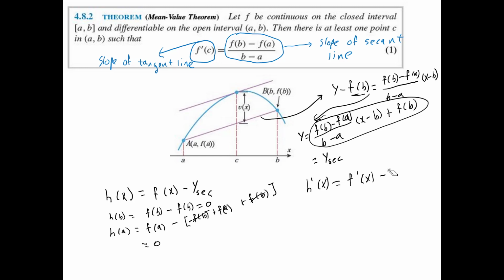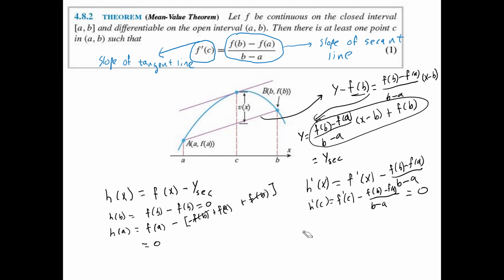And so we get f of b minus f of a, all divided by b minus a. But then somewhere in the middle, by Rolle's theorem, there has to be a c where your derivative is 0. And so then we can put that c in. So h prime of c, which is just f prime of c minus f of b minus f of a, all divided by b minus a, has to equal 0.